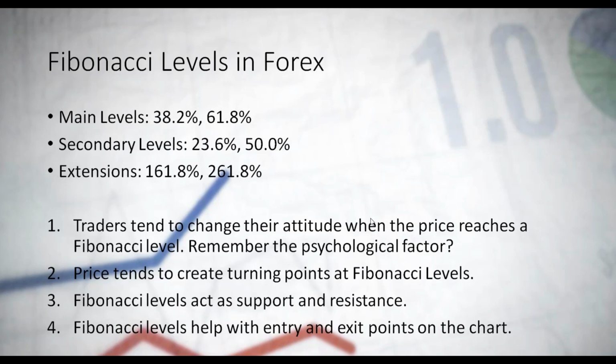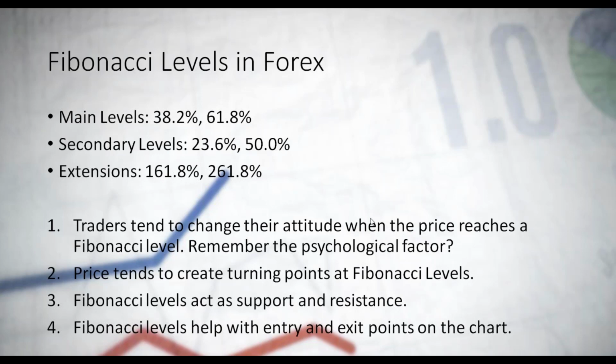The thing is that since Fibonacci levels and ratios and the whole Fibonacci sequence have some kind of reflection on the human mind, this could also be applied in Forex trading.